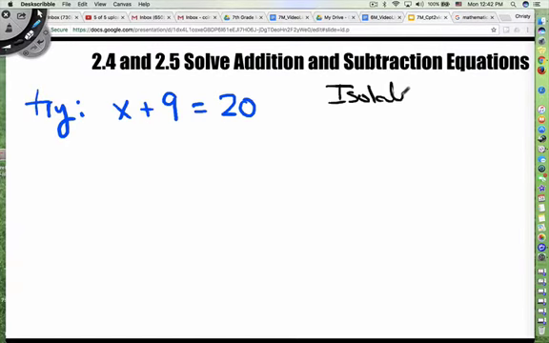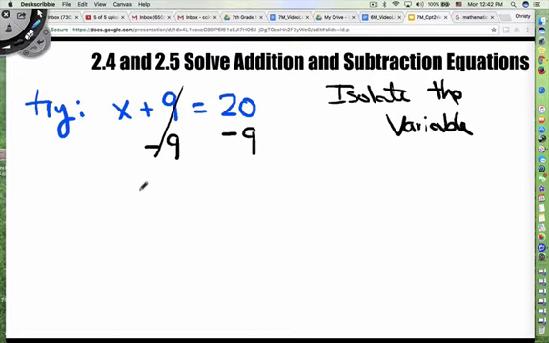I will say this 1,000 times. Isolate the variable, meaning get that variable by itself. And to do that, we have to get rid of this 9. So the opposite of 9, the way to cancel it out, is we subtract 9 from this side, we subtract 9 from this side. When we do that, this cancels out, and so we get x is equal to 20 subtract 9, which is 11.